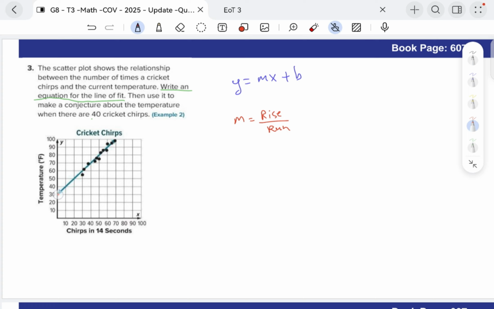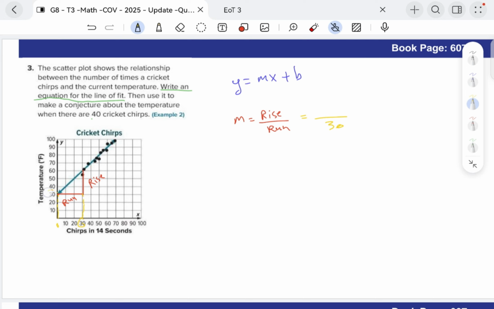Choose any 2 points. This is the first point on the line, and here I'm going to choose the second point. Connect between them using a horizontal line and a vertical line. This is the rise and this is the run. The change in x is from 0 to 30, so the change in x is 30.